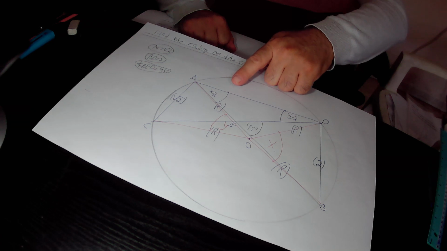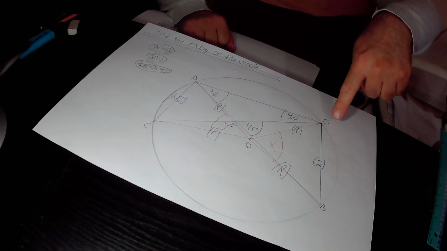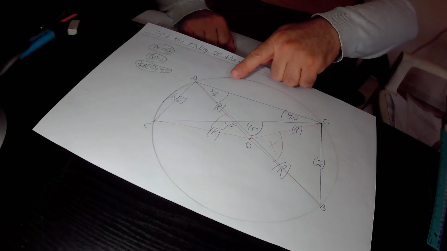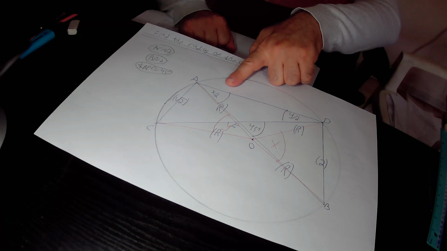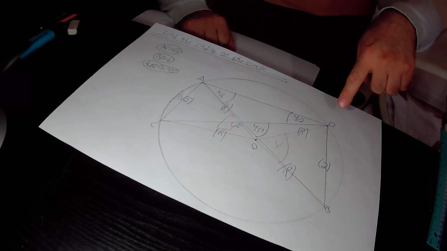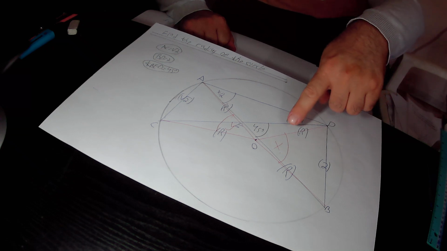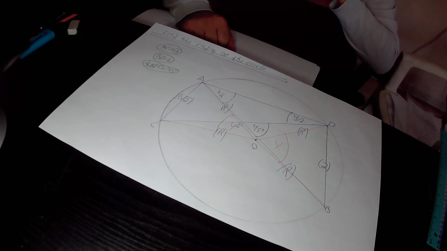Therefore the central angle DOB, subtended on the same chord DB, must be twice as large as this peripheral angle DAB. Since DAB is x over 2, the central angle DOB must be equal to x, according to rule 13.